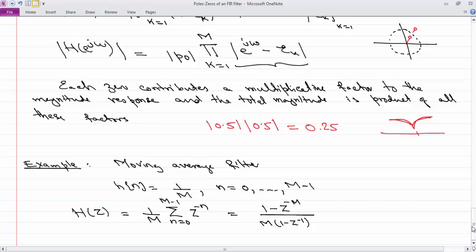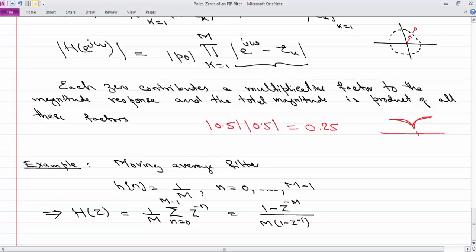So a couple of things that we should be careful about. A moving average filter is an FIR filter. And we talked about an FIR filter being given by a simple polynomial with no denominator polynomial. But why is the z transform of a moving average filter actually consisting of a numerator and a denominator polynomial?